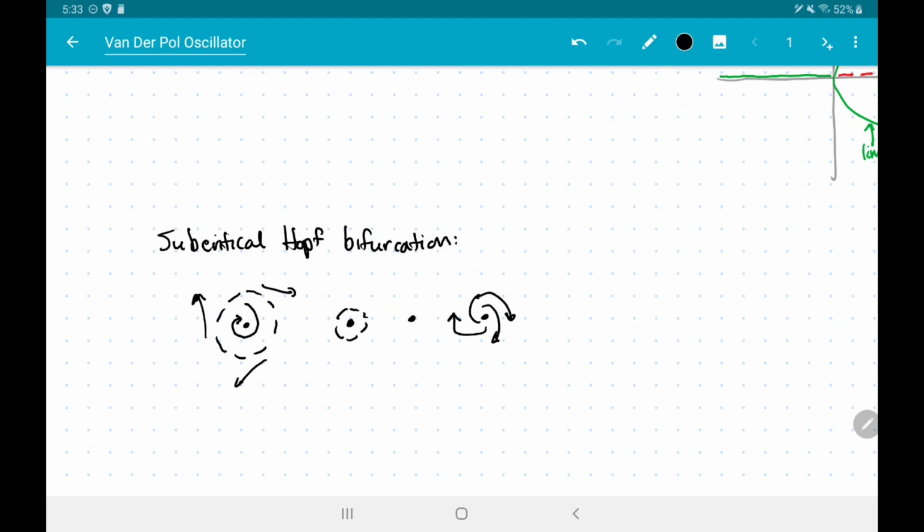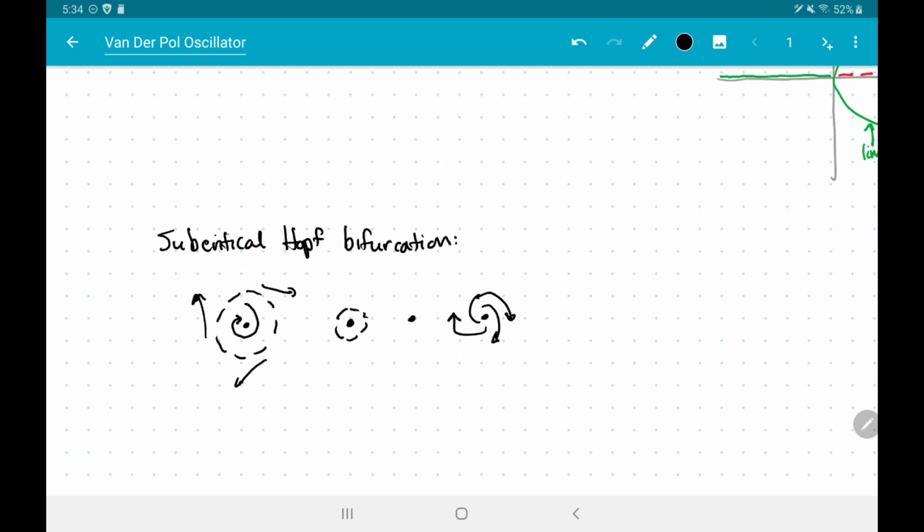So what's sort of important about this is that if you're counting on behavior like this for some reason, it's really unfortunate when the stable behavior disappears. So this is something that sometimes causes physical devices to fail. You change a parameter and all of a sudden, instead of having a nice stable fixed point somewhere that you oscillate around, you suddenly have an unstable fixed point, and it can lead to catastrophic results.